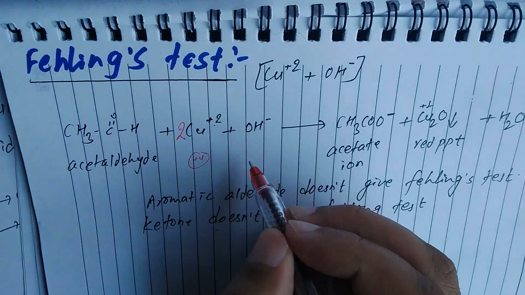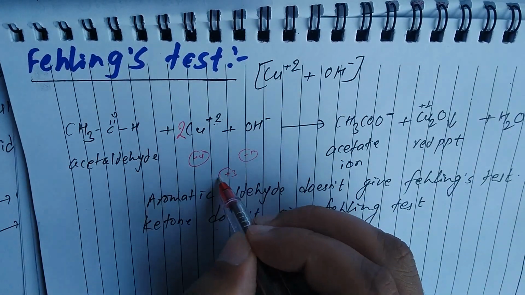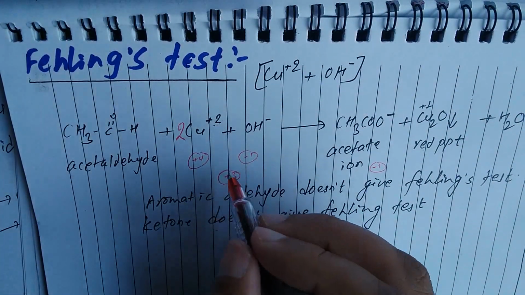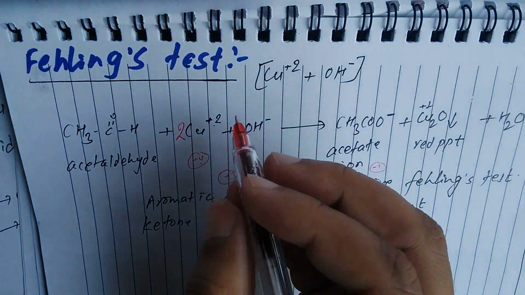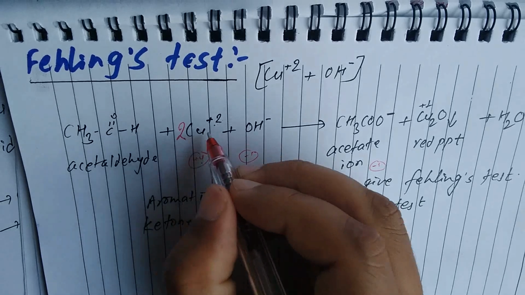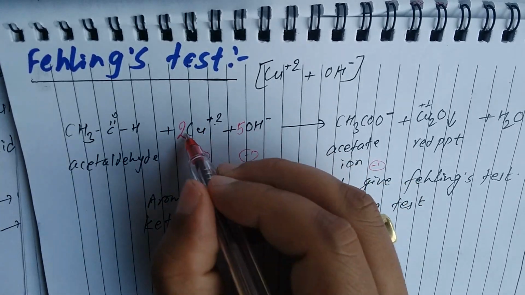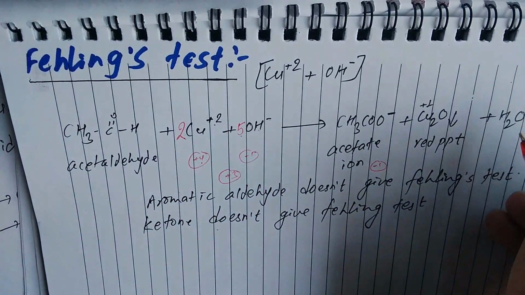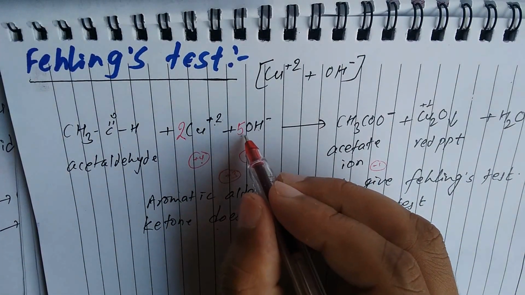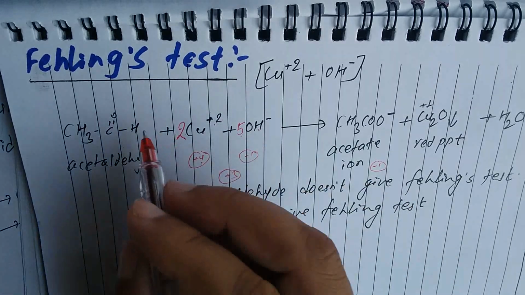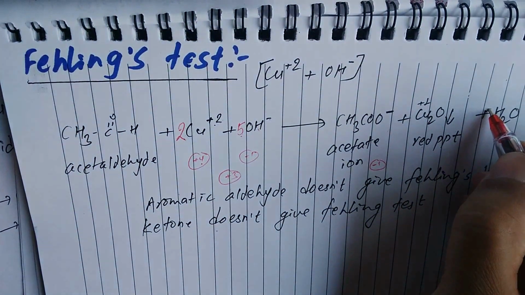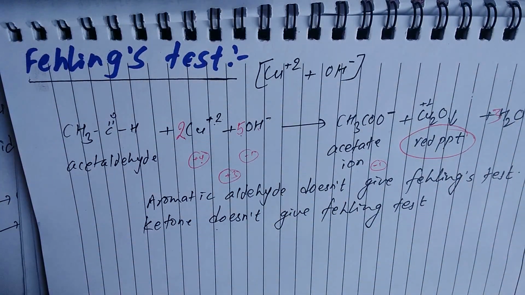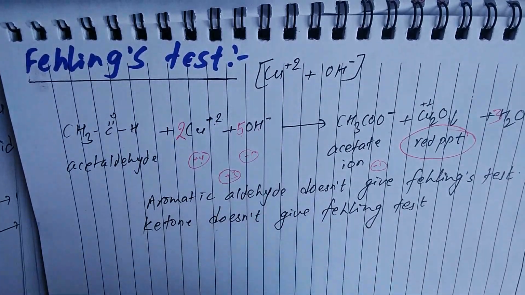Plus 4 and minus 1, total plus 3, but on the product side there is minus 1, so to make this plus 4 and minus 1 we have to use 5 OH minus. And how many hydrogens here? 5 plus 1, 6, so you have to put here 3, yes 3, and this is the red precipitate. Very simple reaction of Fehling test.